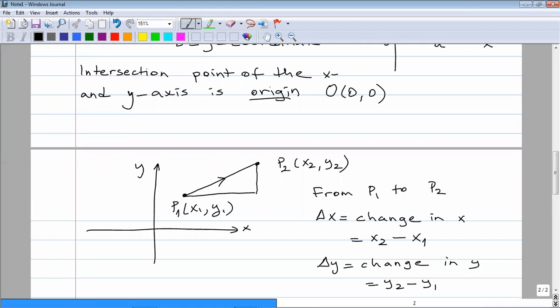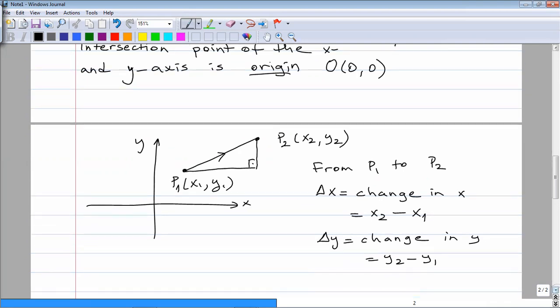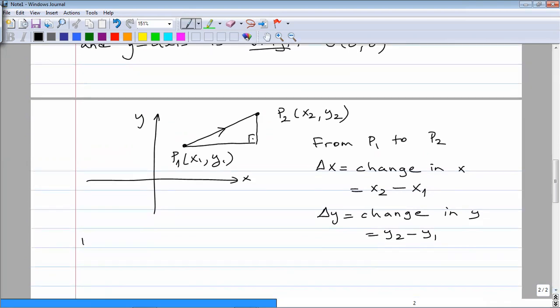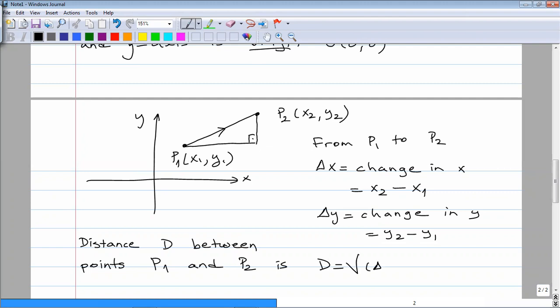All right. And now using the Pythagorean theorem, we can say that the distance d between points P1 and P2 is the square root of delta x squared plus delta y squared.